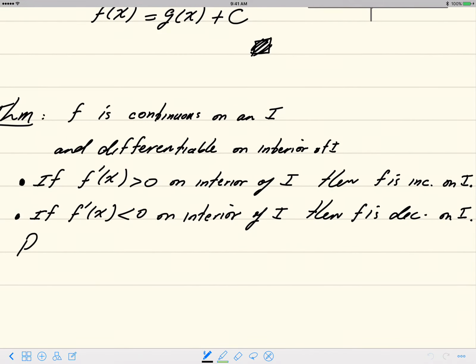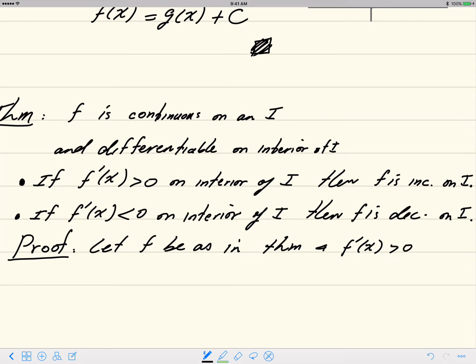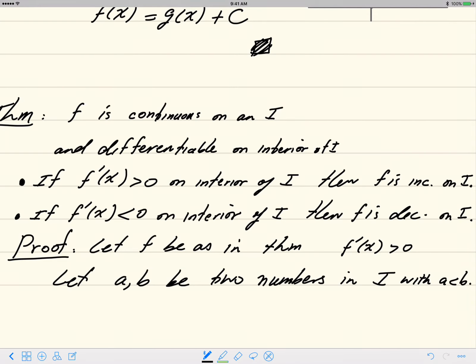Okay, I'm just going to write a proof of the first one. So suppose f be as in the theorem and f prime is greater than 0. Let a and b be two numbers in I with a less than b.